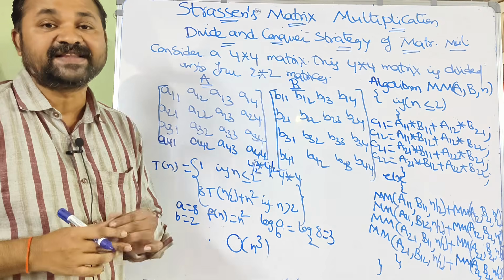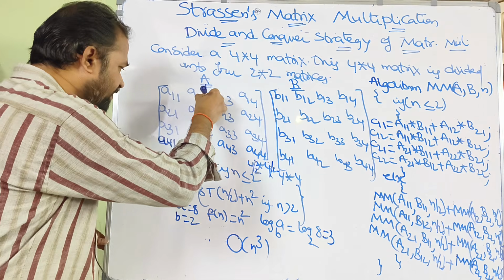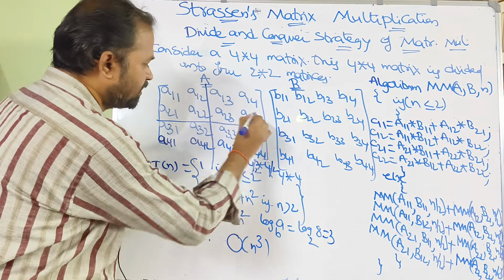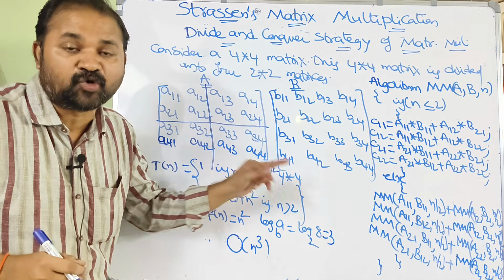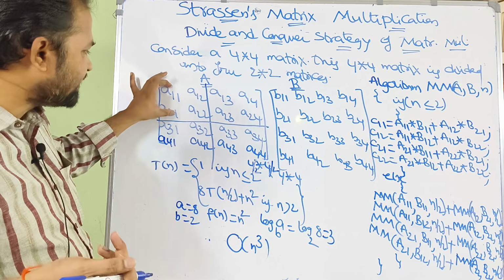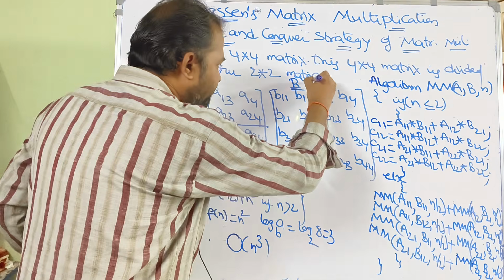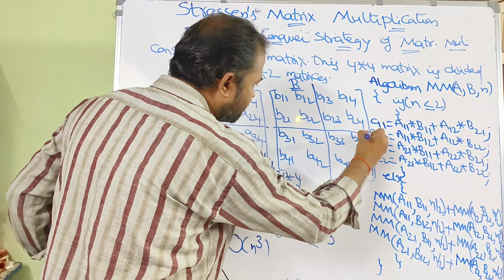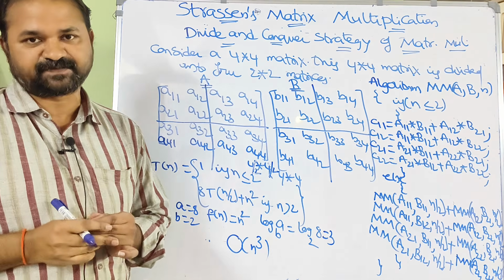We have to divide the matrix into 4 parts like this, where each matrix contains 2 by 2 elements. So this matrix size is 2 by 2, 2 by 2, 2 by 2, 2 by 2. So likewise we can divide this matrix into 4 parts, where each matrix contains 2 by 2 elements.